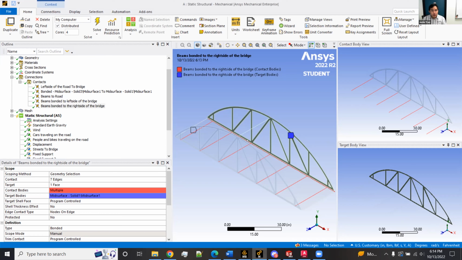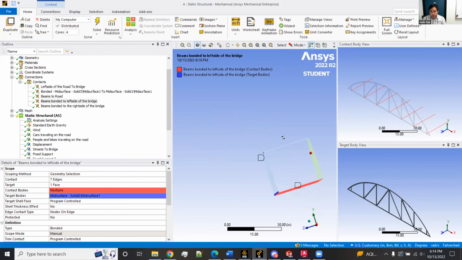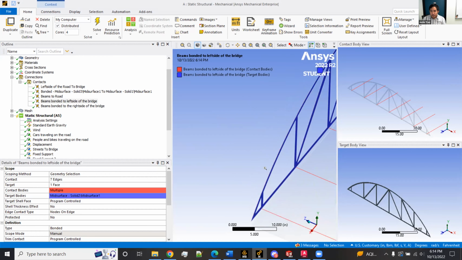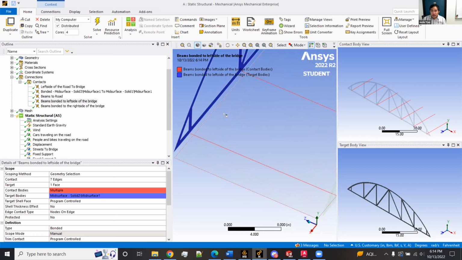Okay, and so for this one, for instance, all right, so this is those ones. And so what you want, and it's easiest to click on this vertex mode right here.